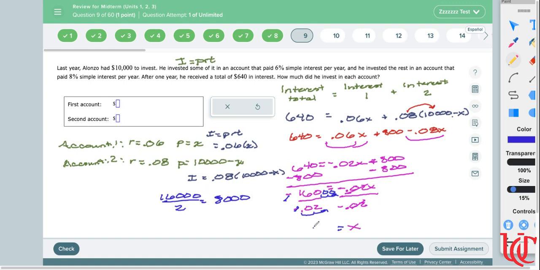So this account got the x, so this is 8,000. And then I had a total of 10,000, so this one has to be 2,000.